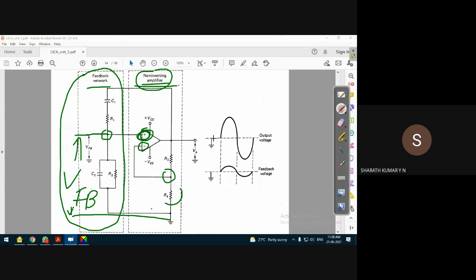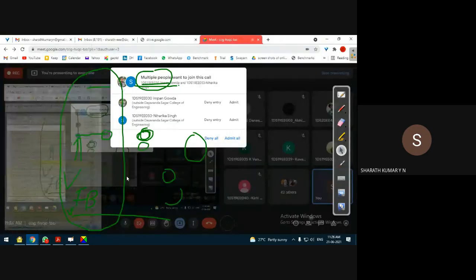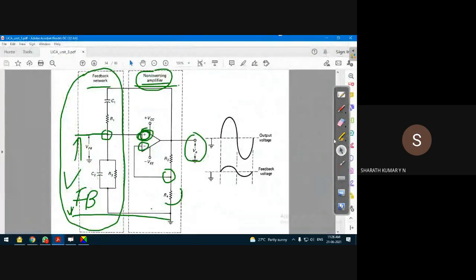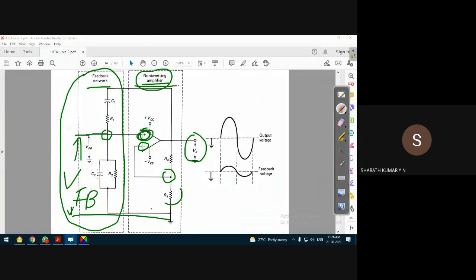Okay, so the output voltage appears across the op amp terminal, which is fed back as input to the non-inverting input terminal of the op amp. Because of this, the output voltage is in sync with the input voltage.